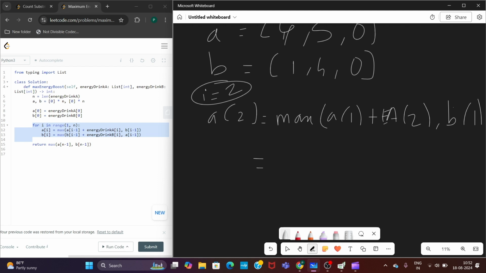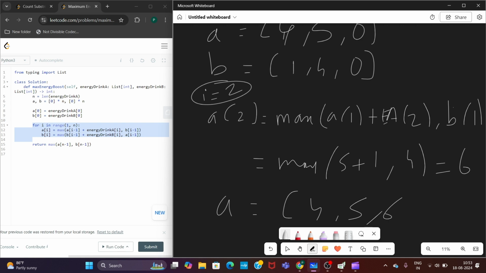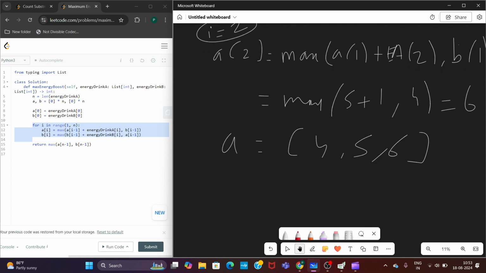So basically, it will be maximum of what? Maximum of 5 plus 1, comma 4, which is 6. We have got 6 over here. So our a will be 4, 5, 6 in this case.